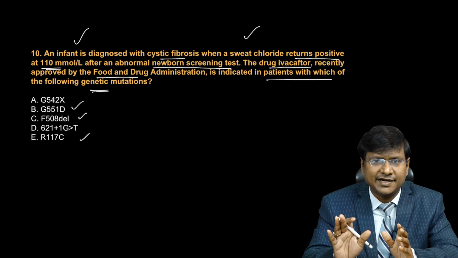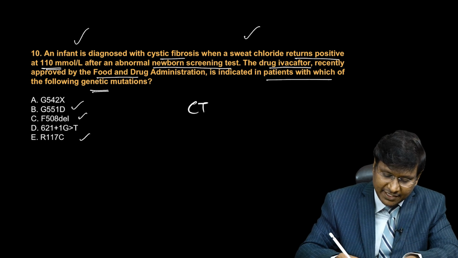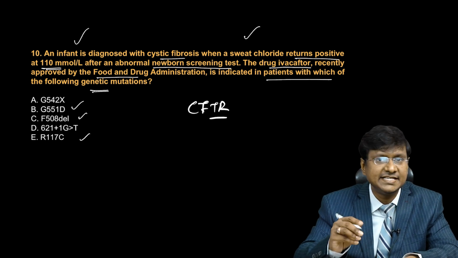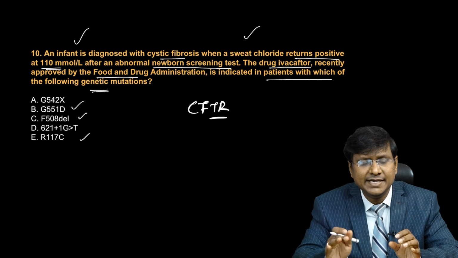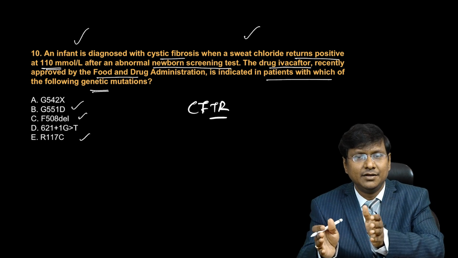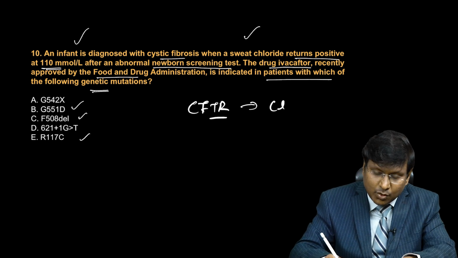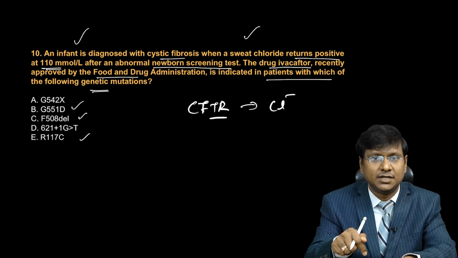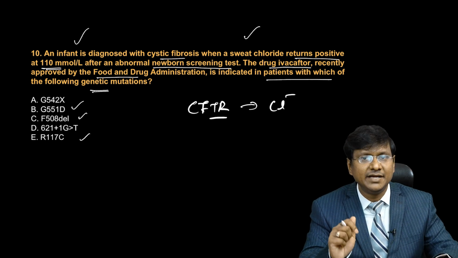So it is an inherited disorder. Cystic fibrosis is an inherited disorder, and the protein that is defective is CFTR, the cystic fibrosis transmembrane regulator protein. It's a large ion channel present in the cell membrane, which is responsible for chloride ion transport that is defective in this particular individual.